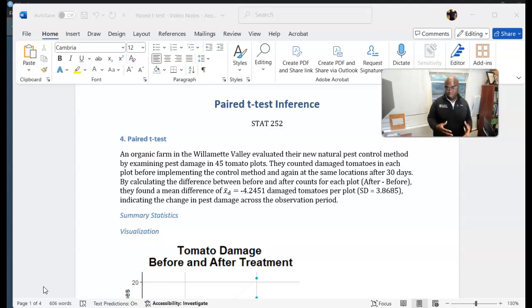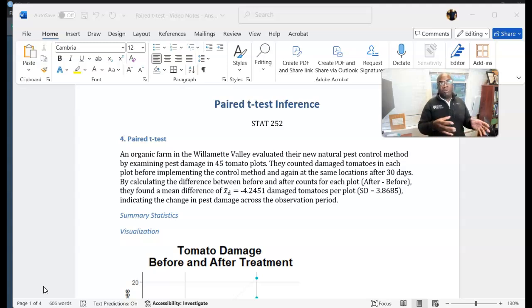So in this particular description, it's important to note that we are looking at the same plots being measured before and after. The reason we're doing that is so that we can determine if the condition of one particular plot might be more varied or may have fewer damaged tomatoes.